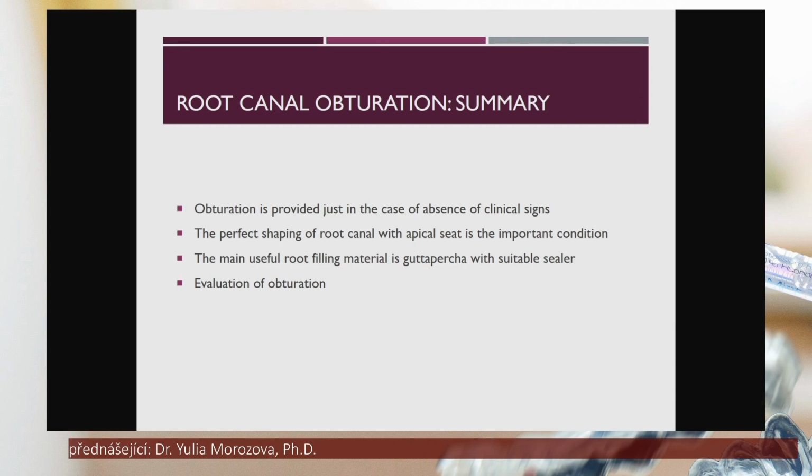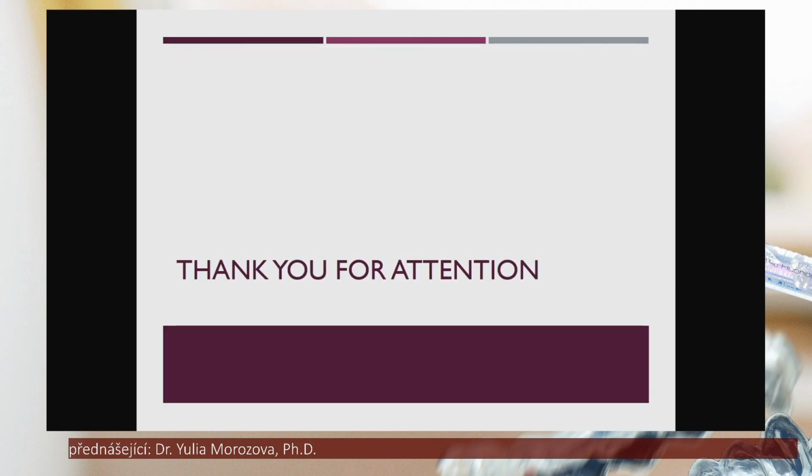And finally, when we have provided the obturation, we should evaluate it on the X-ray picture, evaluating the length of the root canal filling, its homogeneity, and obturation of lateral canals and ramifications.